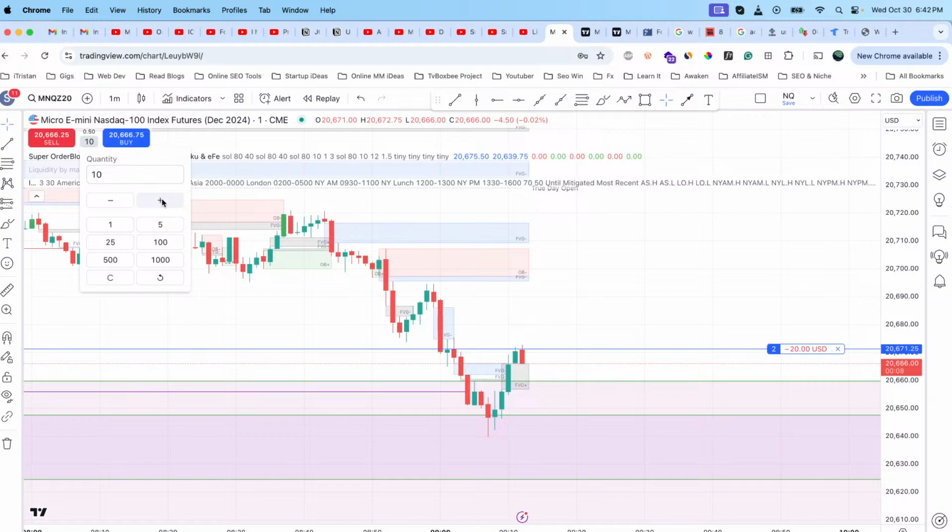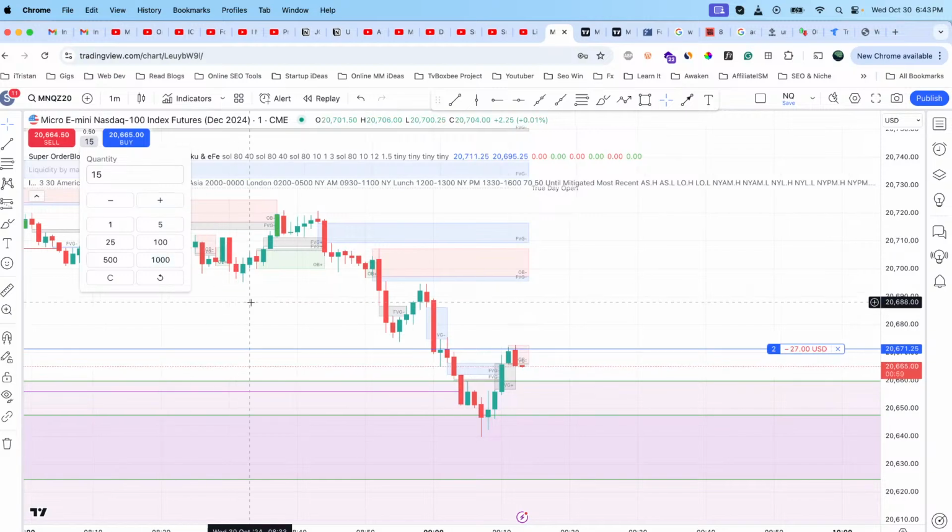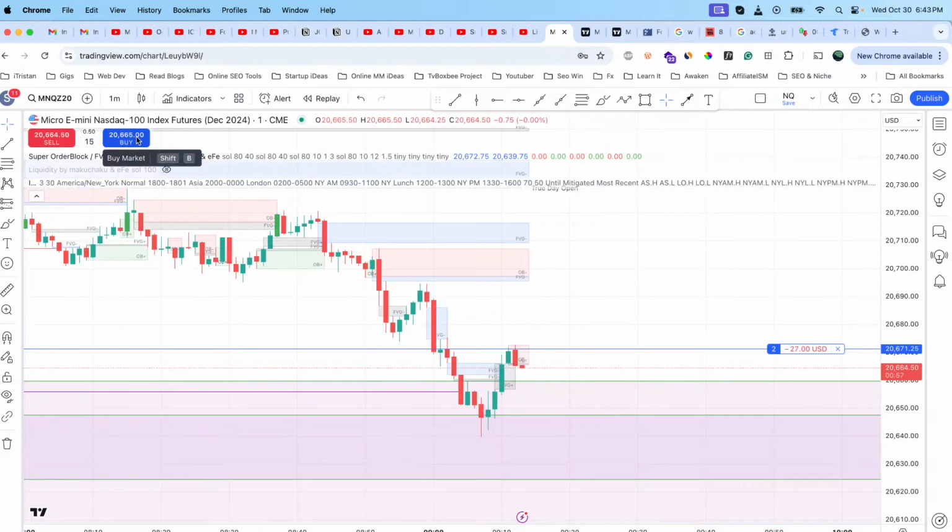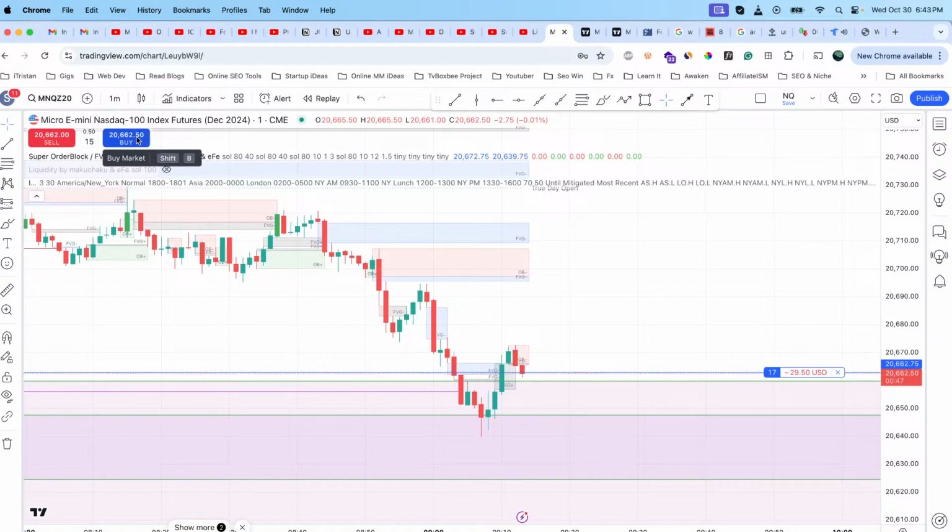This is an eval, guys, so if you're thinking DCA, this is an eval, so don't worry. Come on. Order filled. Okay, let's see how this small scalp will go. Looking for a quick buck here.